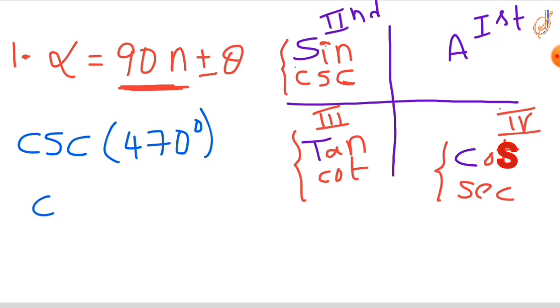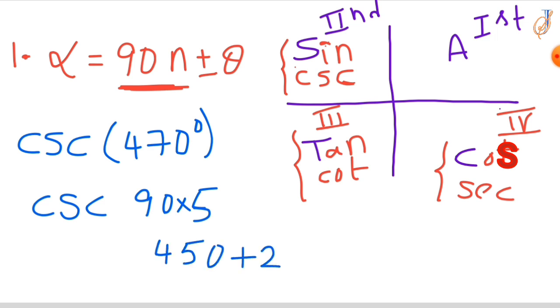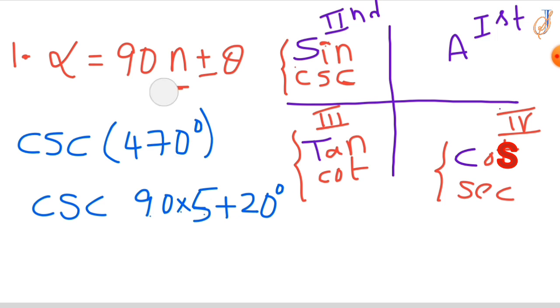That is cosecant of 90 times 5, which is 450. If you add 20, it is equal to 470. So you need to write 90 times 5 plus 20. Like that, whatever the given angle, you need to convert it in terms of 90 times n plus or minus theta. That is our first step.